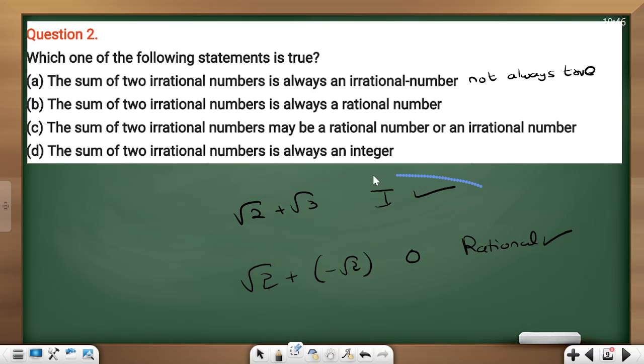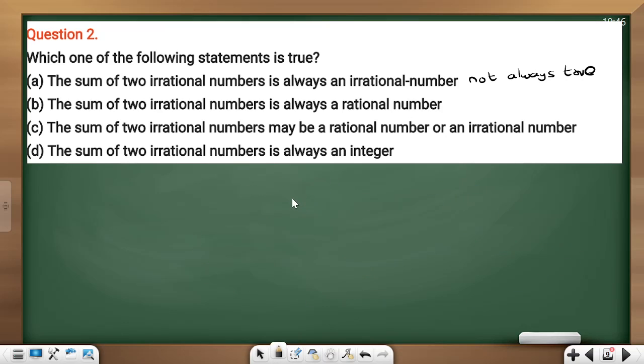Next, the second statement: the sum of two irrational numbers is always a rational number. No, it is not always rational. Only a few times it is a rational number. Just now I have shown an example. The sum of two irrational numbers may be a rational or an irrational number. Very good, this statement is correct.